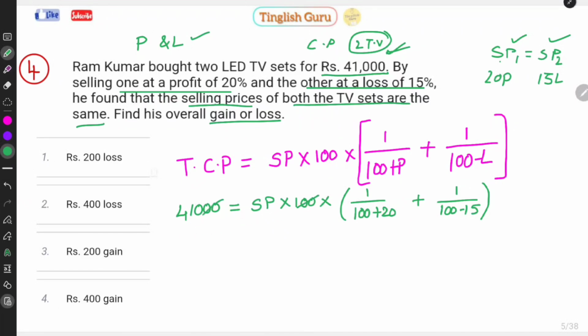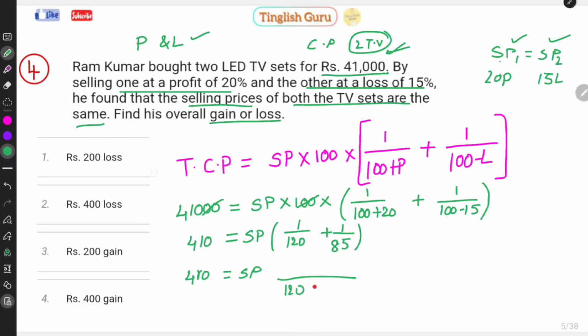Two zeros cancelled. So now on the LHS it is 410 and on the RHS it is SP into 1 by 120 plus 1 by 85. No need to worry about these big numbers, just write it in a simple LCM format. The denominator will be 120 into 85 and the numerator will be 120 plus 85.